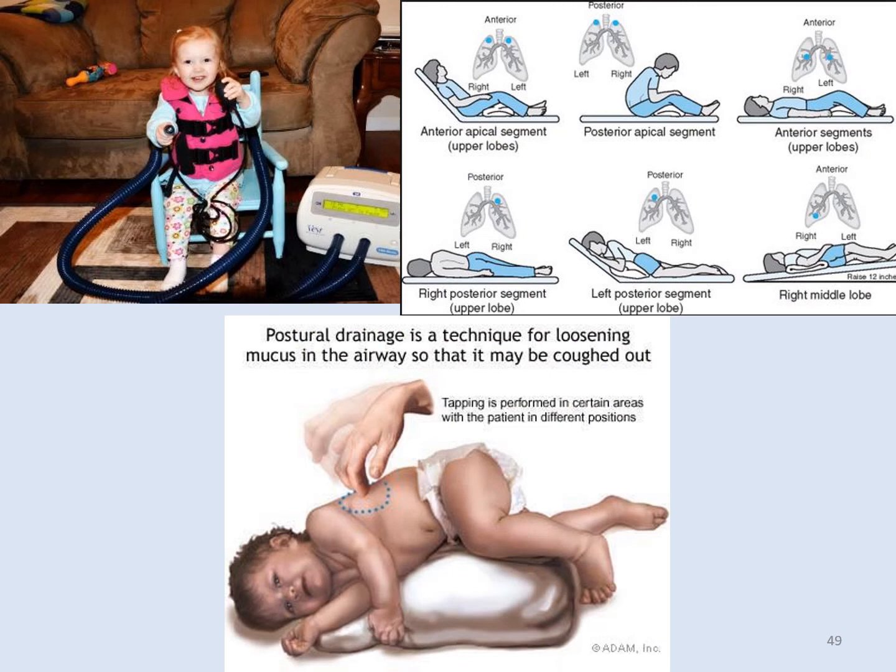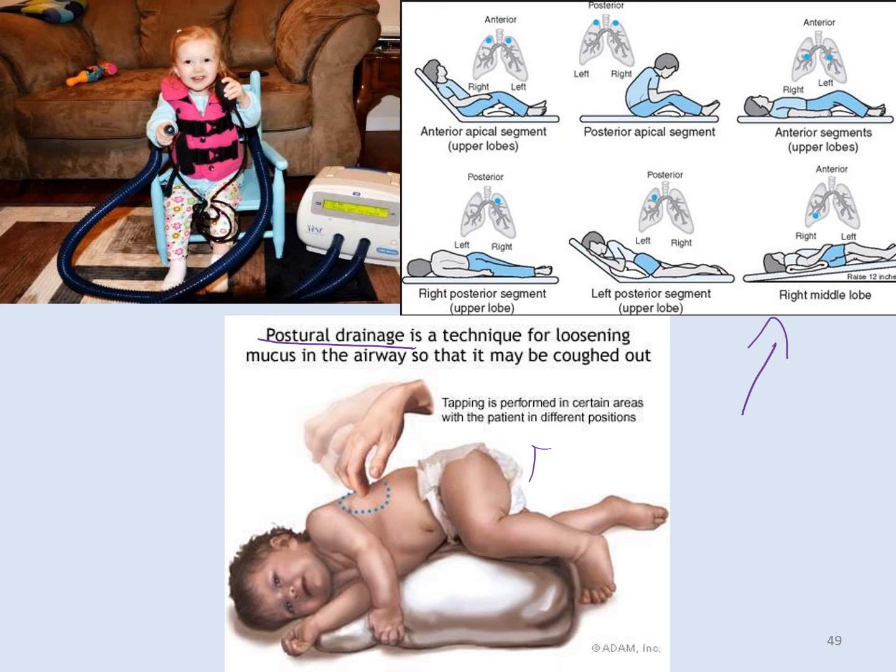So what do we do about that really thick, sticky mucus? There are mucolytic drugs that you can give your patient that will help to break down that mucus, and then you need to get it out of the lungs somehow. There are a couple of ways that we can do that. One is postural drainage. You place your patient in a certain position, that's what we see in this top right up here, based on which part of the lung you want to drain.